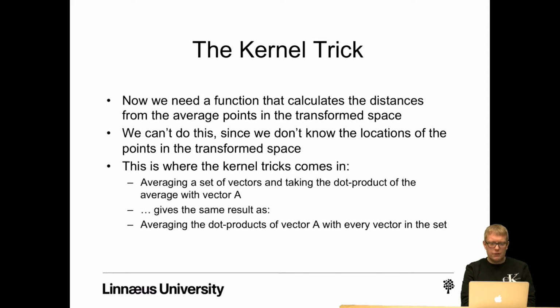Now we need a function that calculates the distances from the average points in the transformed space. And this is actually not possible to do since we don't know the locations of the points in the transformed space. And this is where the kernel trick comes in, because averaging a set of vectors and taking the dot product of the average with vector A gives the same result as averaging the dot products of vector A with every vector in the set.